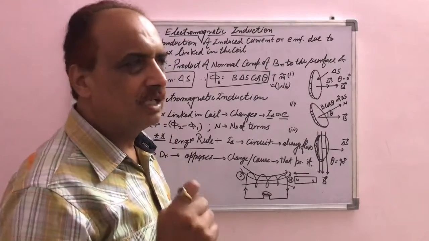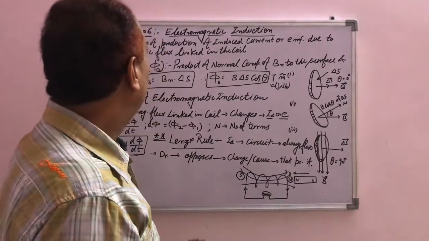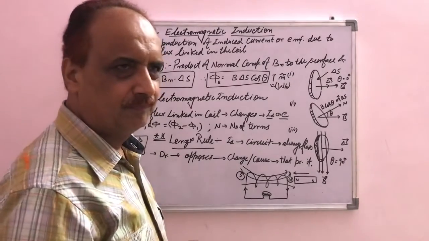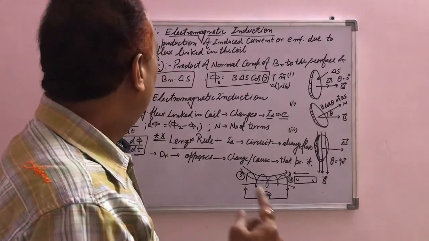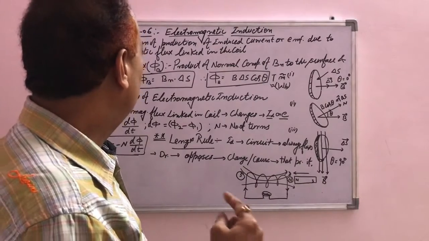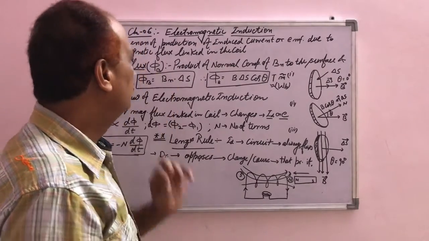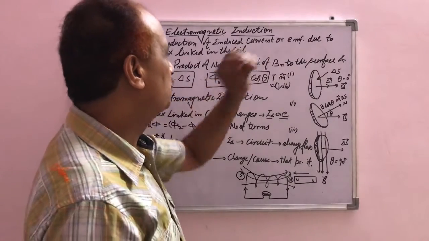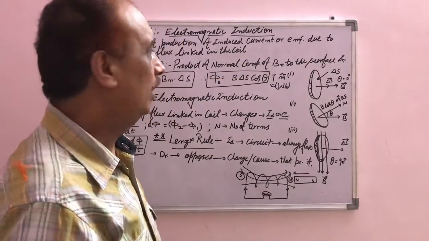And according to Michael Faraday, when the current is flowing in a coil, then a magnetic flux is linked in the coil, and then an induced current or EMF is produced in the coil.